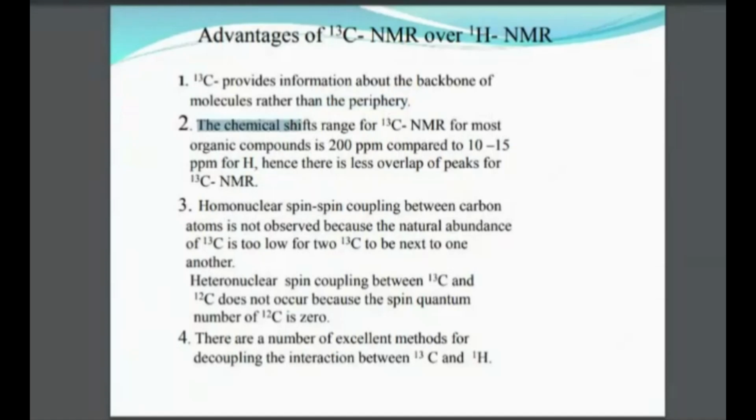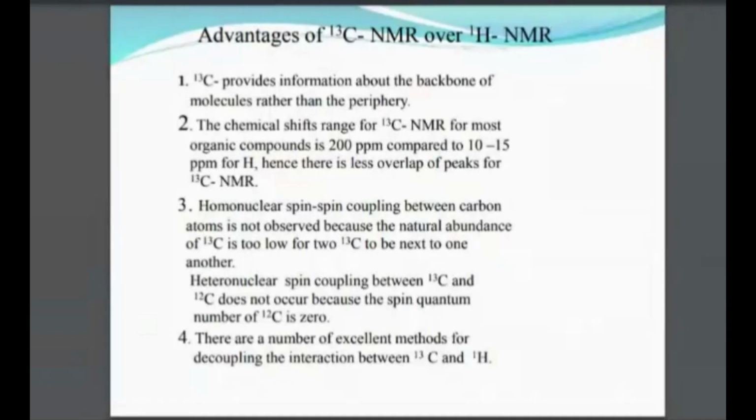The chemical shift range for C13 NMR for most organic compounds is 200 ppm compared to 10 to 15 ppm for H, that is H1 NMR. Hence, there is very little overlap of peaks for C13 NMR. See, for H1 NMR, the scale was 0 to 10, or 0 to 15, 0 being the signal for TMS, and the maximum signal would reach 10 or 15.